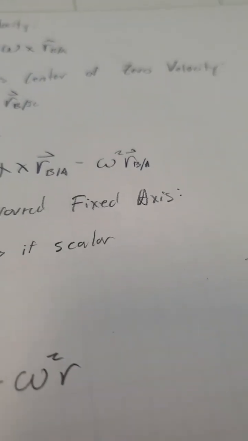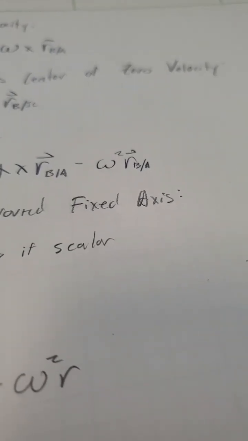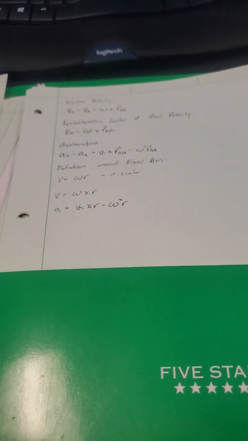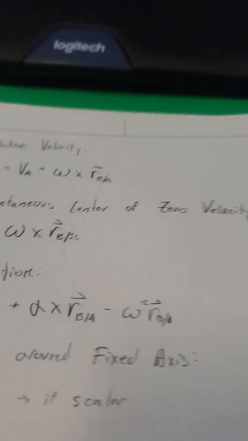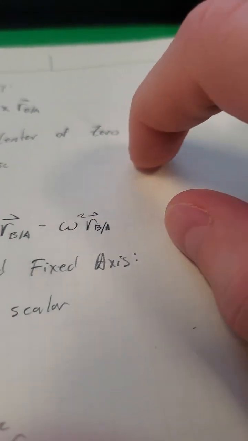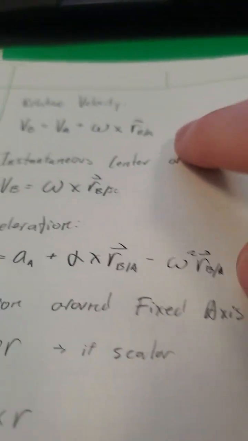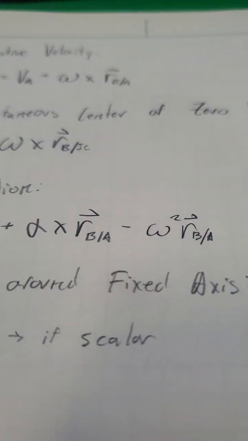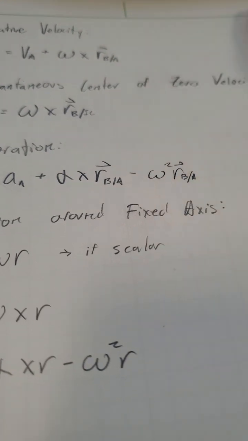Really just solving them was slightly different as well. You would solve for the velocity in vector form, and then you'd separate it into i, j, and k components, and then you can solve for things that way.